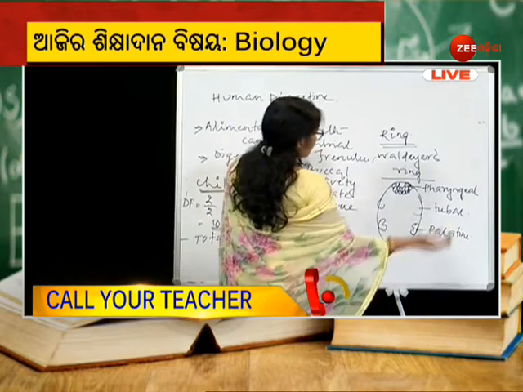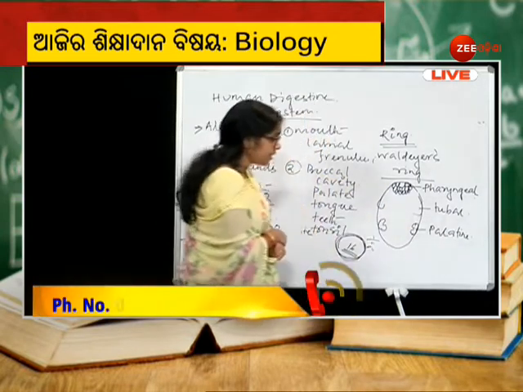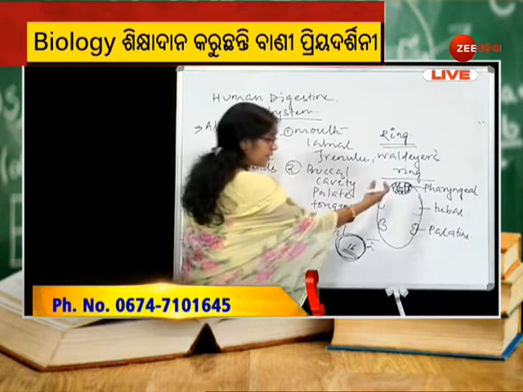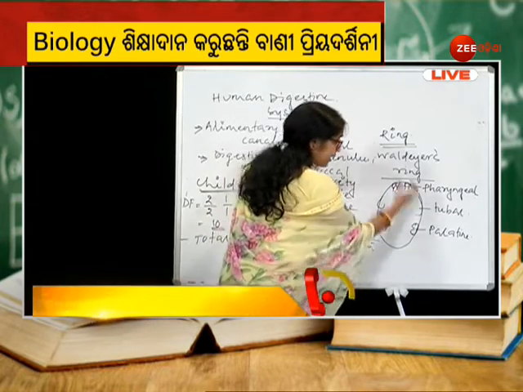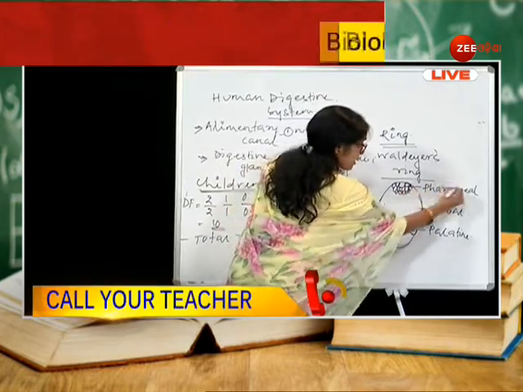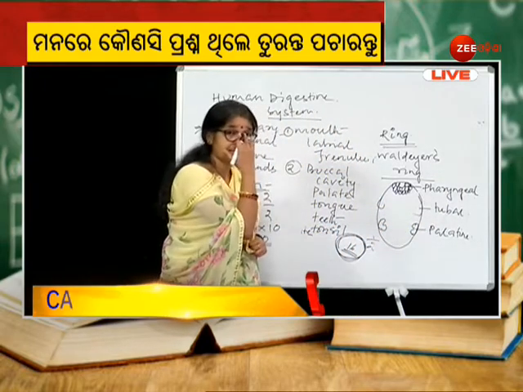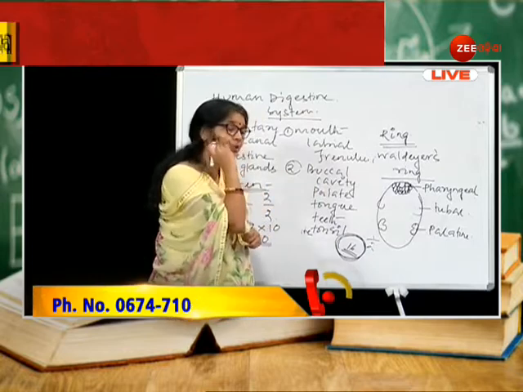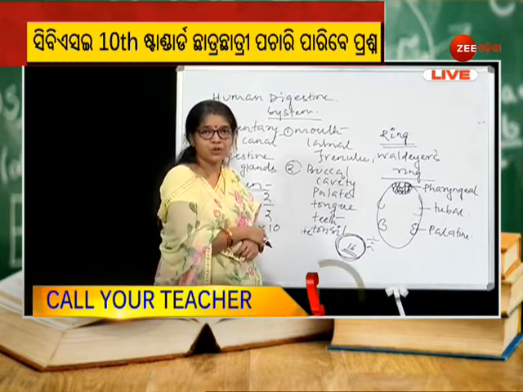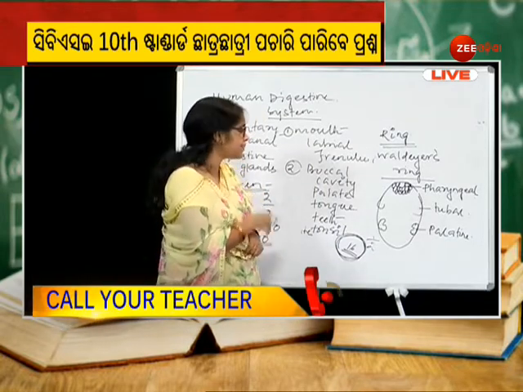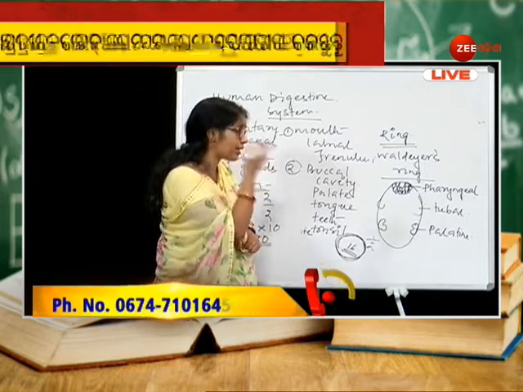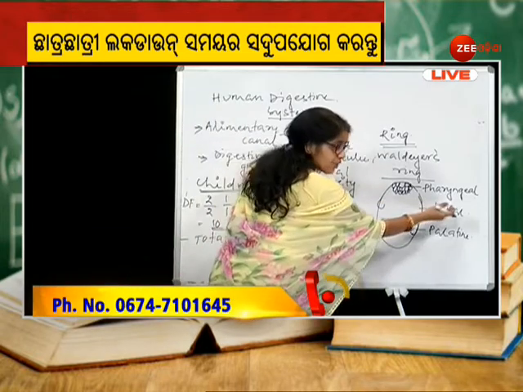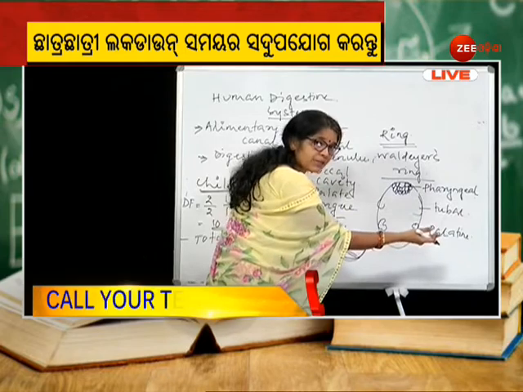So the tonsils which are present within the buccal cavity, they are present in a ring-like manner. In this manner, the first one that is present near the pharynx is the pharyngeal. This is tubal, which is connected with the eustachian tube. Eustachian tube is the connection that is connected with the ear. So that is known as tubal because it is connected with the tube.